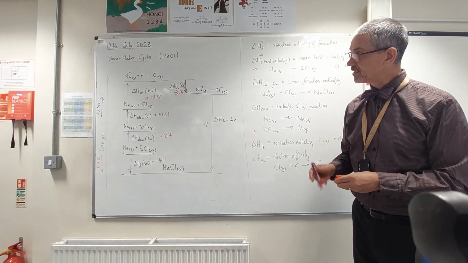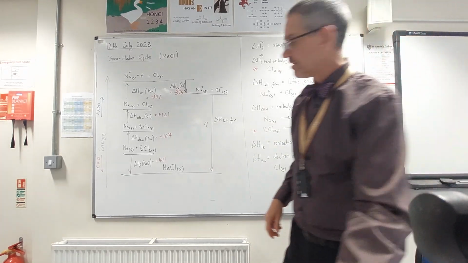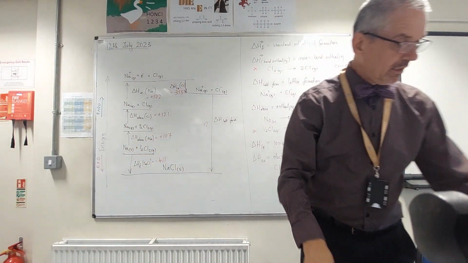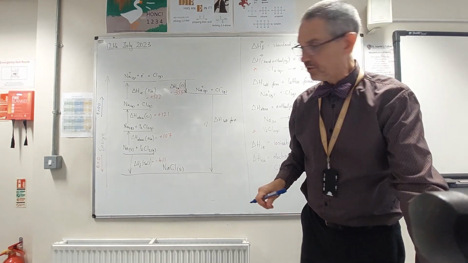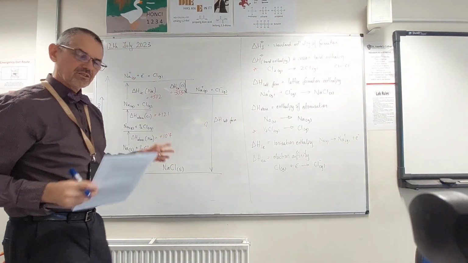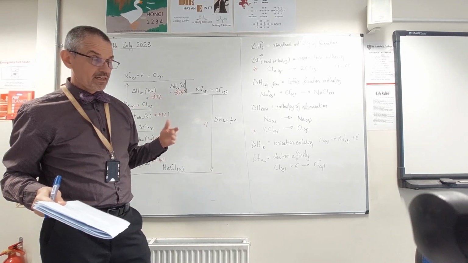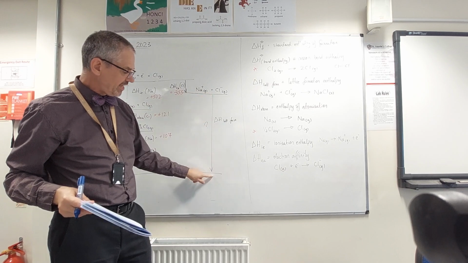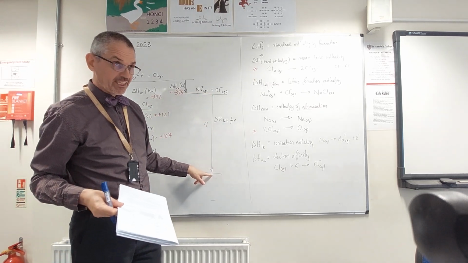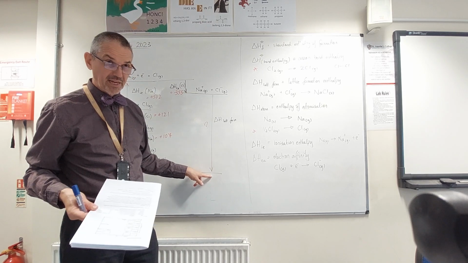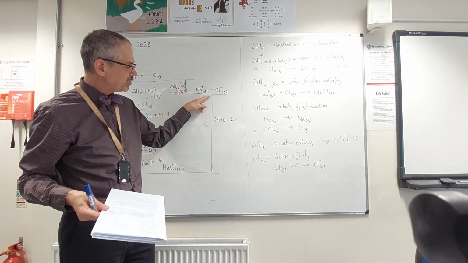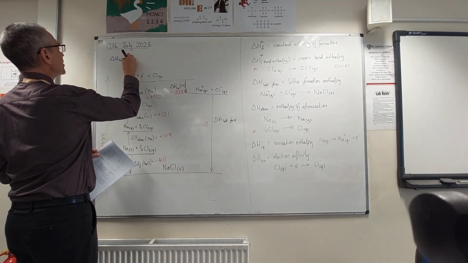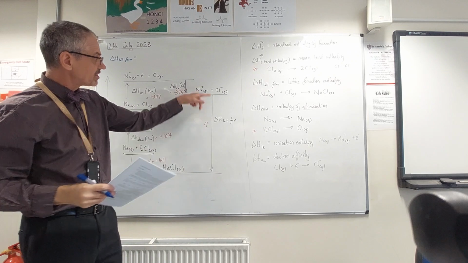Which means the only bit that's missing is the lattice formation enthalpy. Let me put this up here. Okay, so standard Hess cycle rules apply. If I go from here to here, the energy change for that process is independent of the route taken. So the enthalpy change going from here to here, the lattice formation enthalpy, is going to be the same as going all the way around.